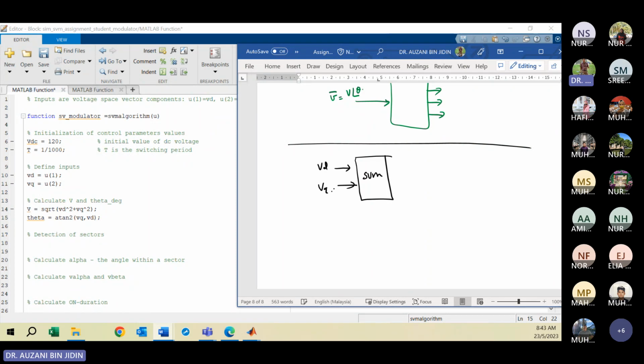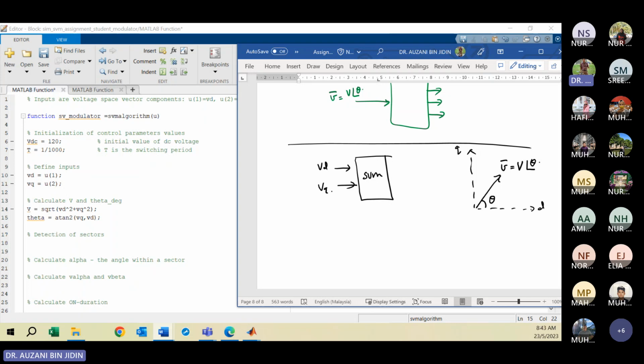So remember D and Q, because you draw the space vector in the DQ axis. It's not the alpha beta axis, DQ. So this is the angle that we need to calculate, and this is your space vector, which consists of the magnitude and angle.